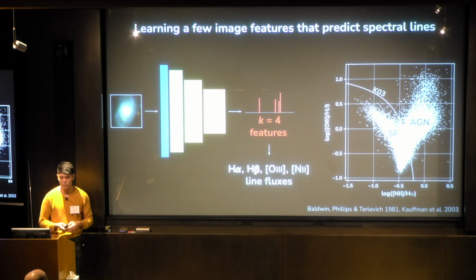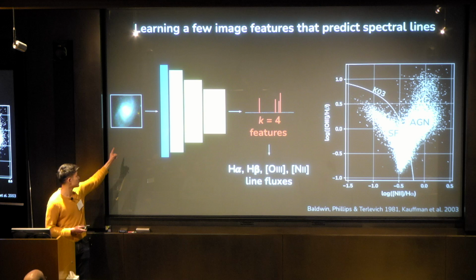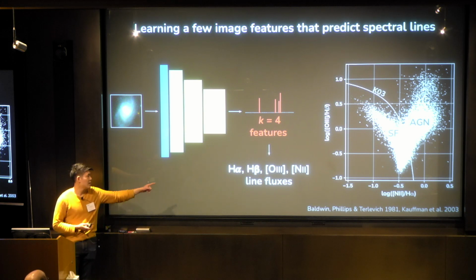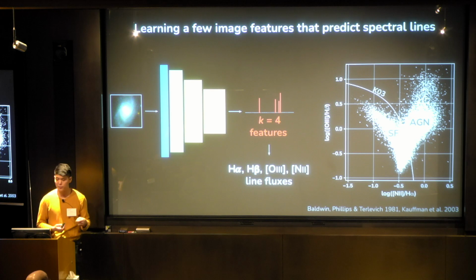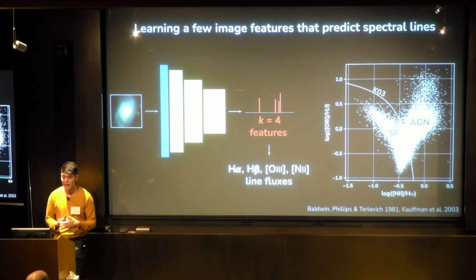Let's see it in action, where we take an input image. What you see here is an example galaxy, and we're going to try to predict 4 optical line fluxes. These spectral line fluxes are very interesting for diagnosing the excitation or ionization within galaxies.